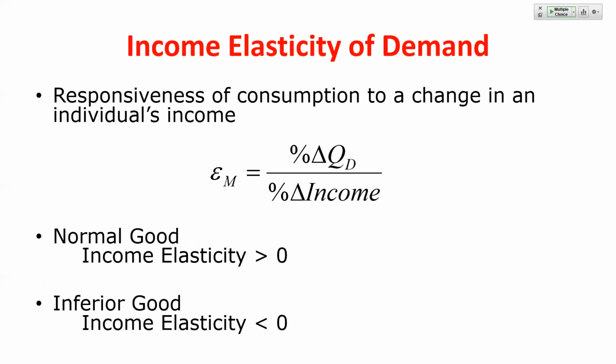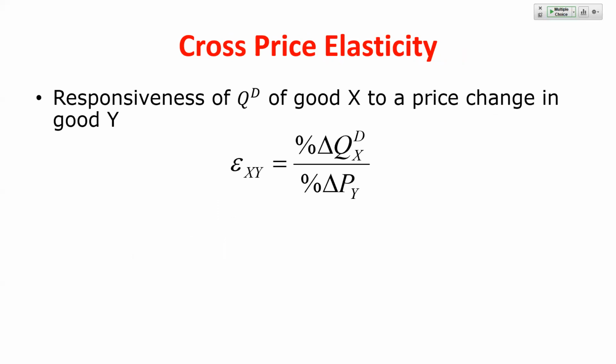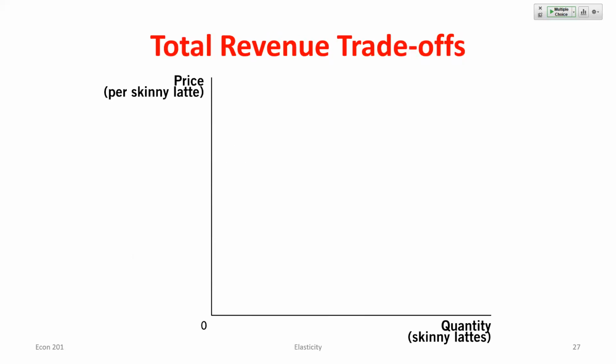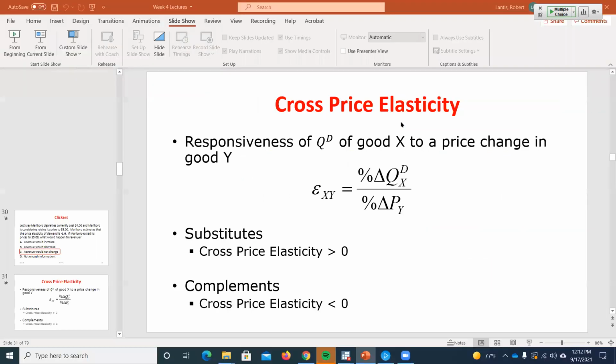Income elasticity: how responsive is the percentage change in quantity demanded to change in income. Cross price: how responsive is the quantity of good X to change in the price of some other good Y. And then, going way back, how responsive is quantity demanded to change in the price of that good X. So we've got several different elasticity measures.